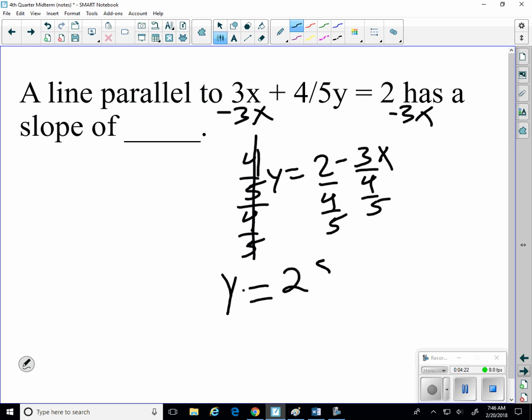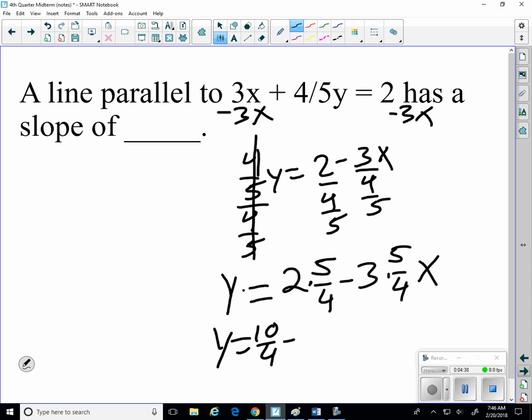So y equals two times 5/4 minus 3 times 5/4 x. And so we have y equals 10/4 minus 15/4 x. They're just asking for the slope, and so in this case all they want is the negative 15/4.